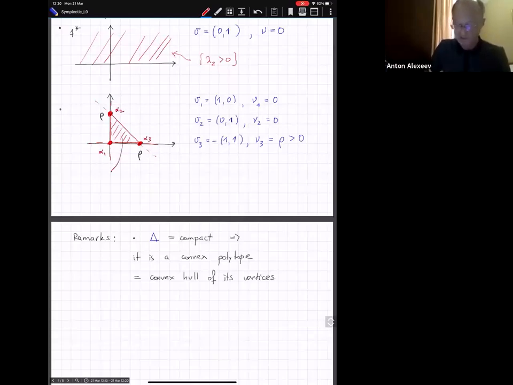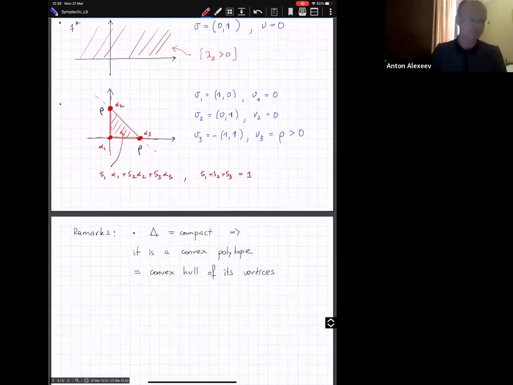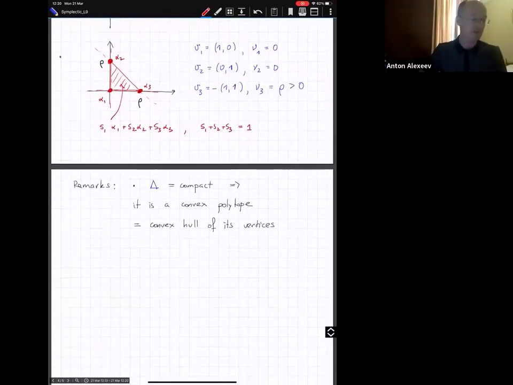And everything inside the triangle is obtained as a convex combination S1 alpha 1 plus S2 alpha 2 plus S3 alpha 3 of the vertices with S1 plus S2 plus S3 equal to 1, right? So these are convex combinations, and this is always like that if this intersection is compact.